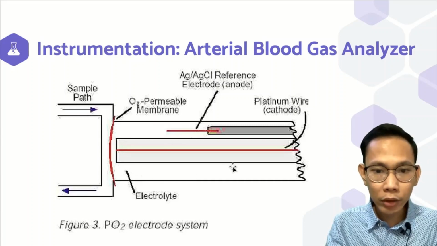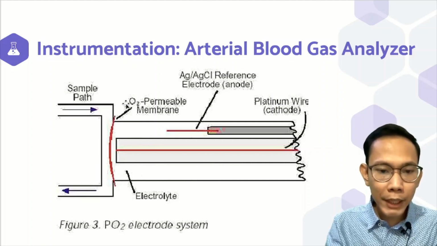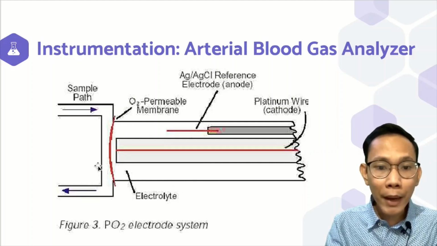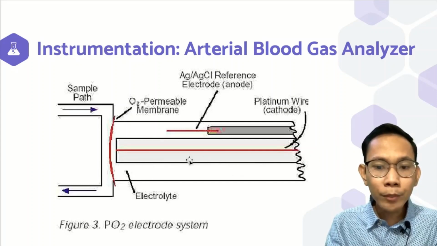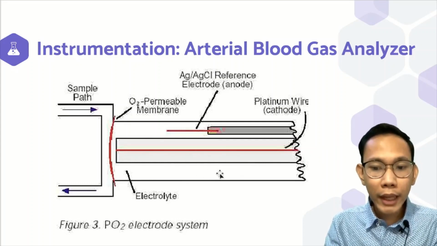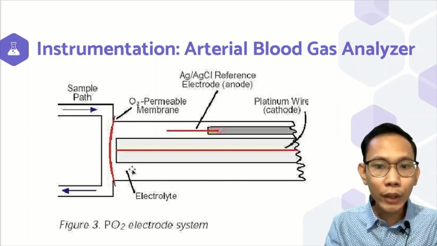So this is gonna be your electrolyte solution. So meron tayong membrane para ang i-allow niya lang makapasok sa membrane nito is your oxygen and it will diffuse in your electrolyte solution. Then a small constant polarizing potential is applied between your anode and cathode.